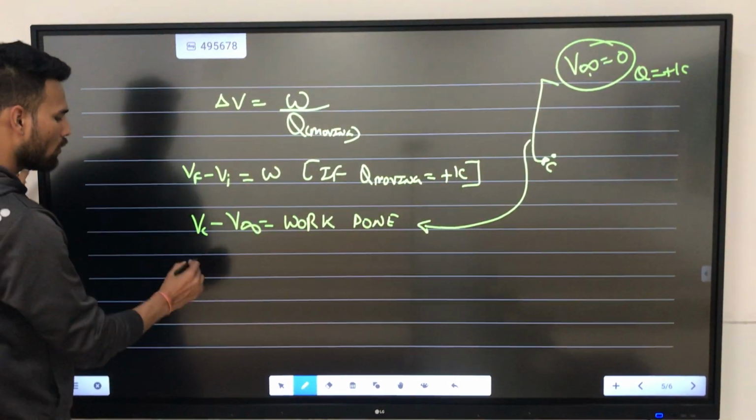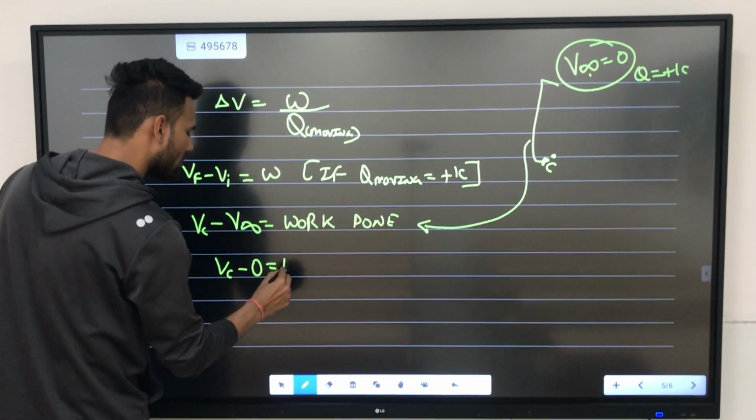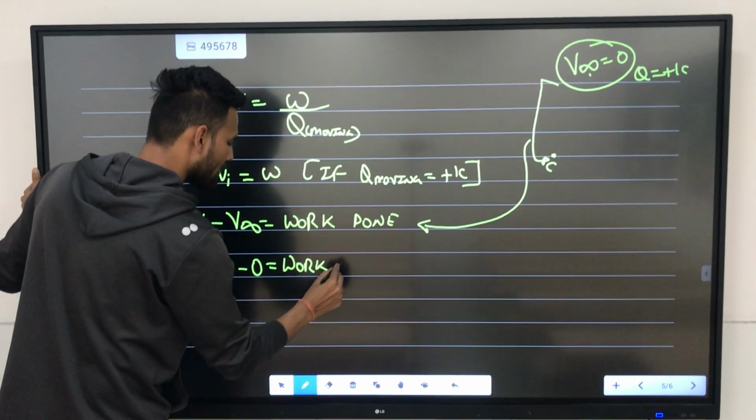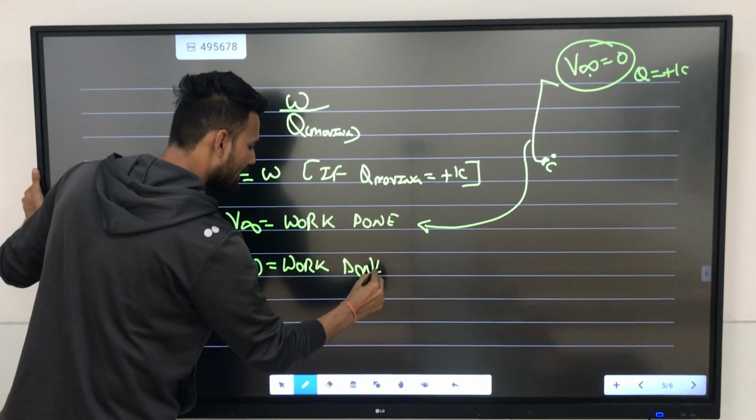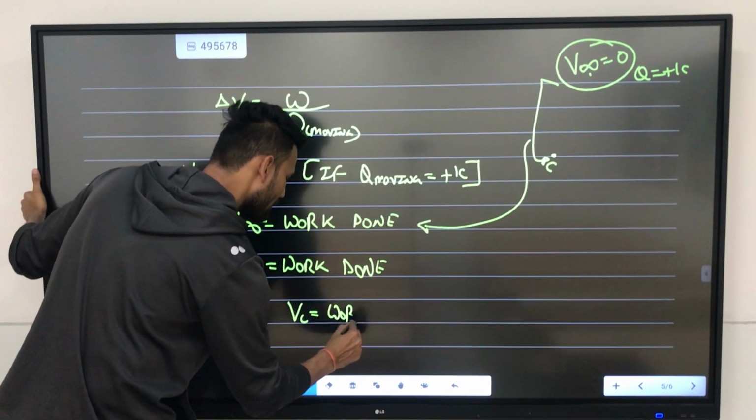Now VC minus V infinity, with V infinity being 0, is equal to work done. So we can say that VC is equal to work done.